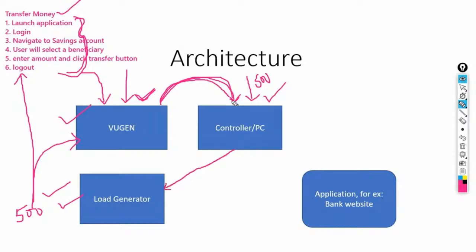Whatever script you uploaded here will be transferred along with the user count and other dependencies, and then the actual execution will happen here. Why? Because this is the component which is generating or simulating the users, so the execution should happen on this machine. All the scripts, user data and dependencies will be transferred from this component to that component by something called the agent process.